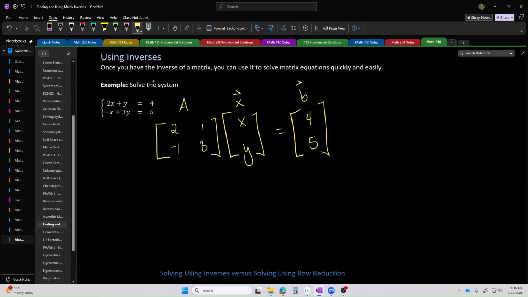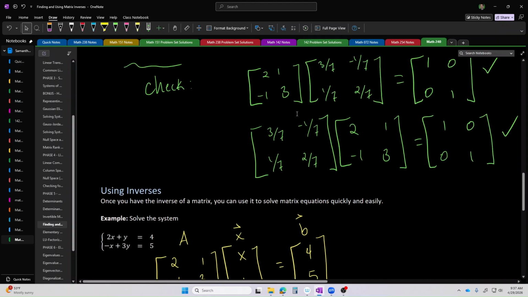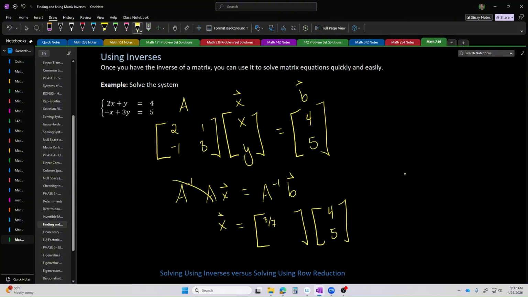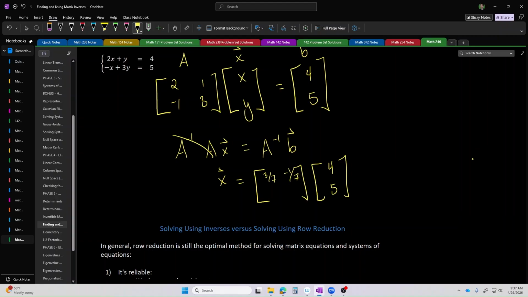If on the left-hand side I multiply by A inverse and do the same thing on the right, the A and the A inverse will cancel out. And so I'm left with the solution must be equal to the inverse that I calculated, 3/7, negative 1/7, 1/7, and 2/7.